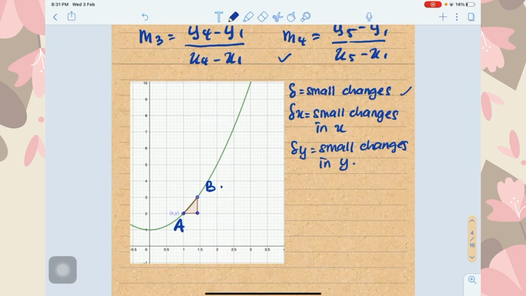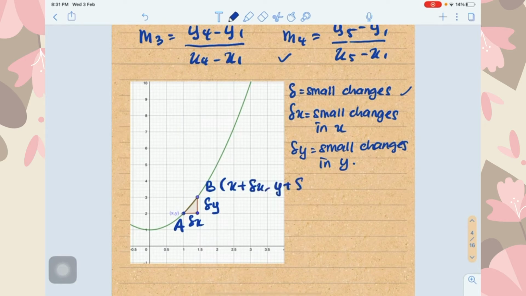Delta represents small changes. So delta x is a small change of x, and delta y is a small change of y. Let's say here we have delta x, and here we have delta y. So meaning that coordinate B is (x plus delta x, y plus delta y).